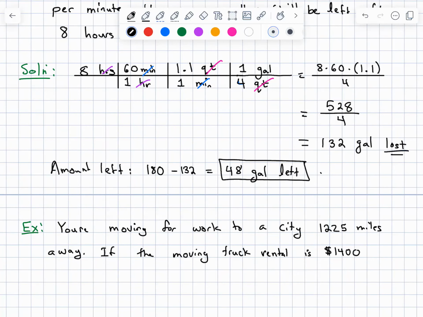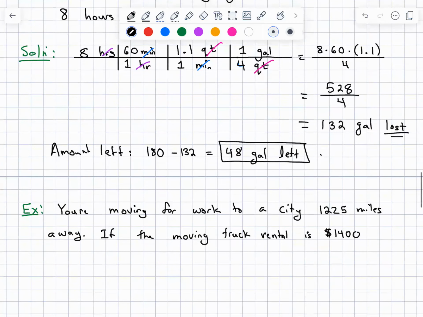But anyways, and the truck gets 15 miles per gallon.